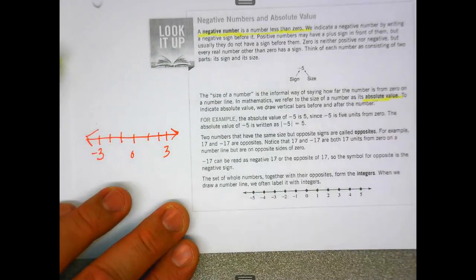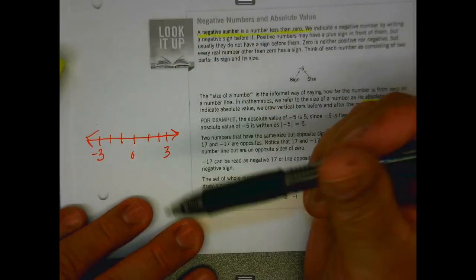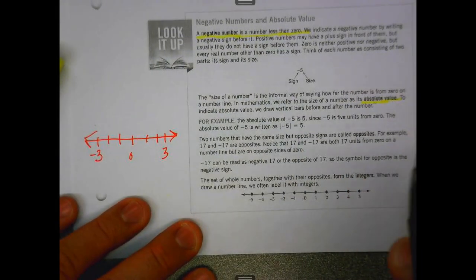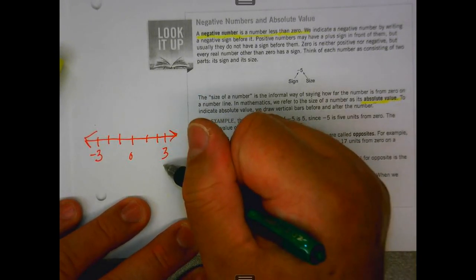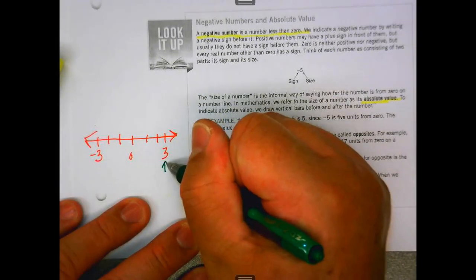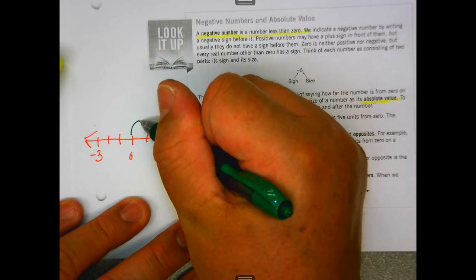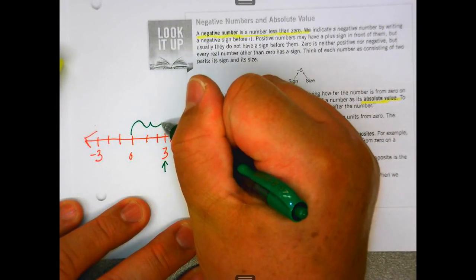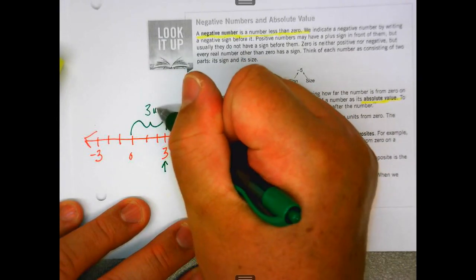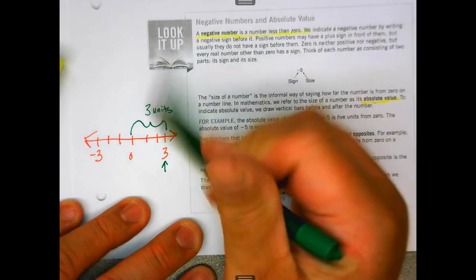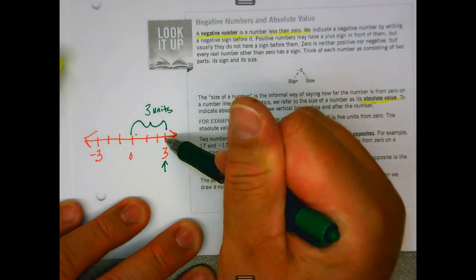So let's look at the location +3. The location +3 has a distance of 3 units. So the absolute value of +3 is 3.